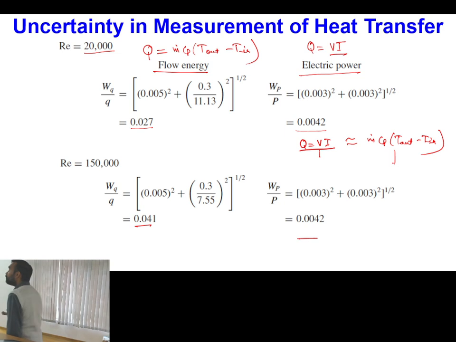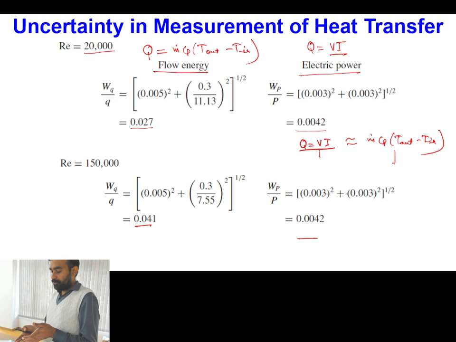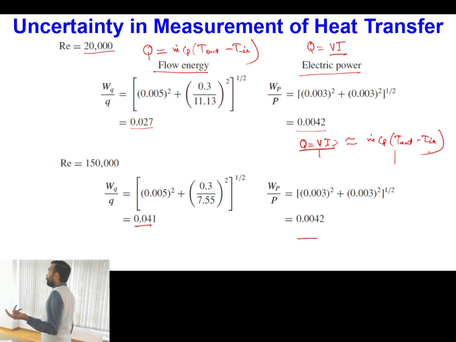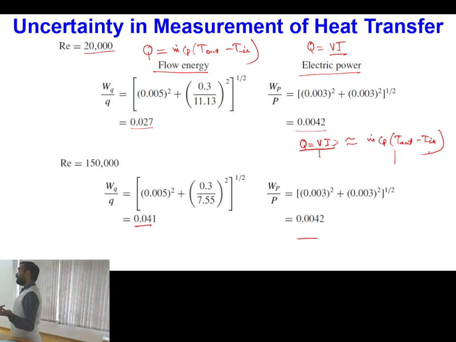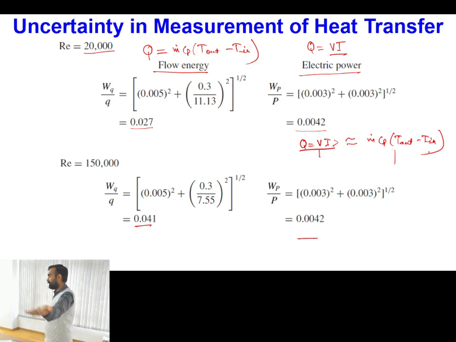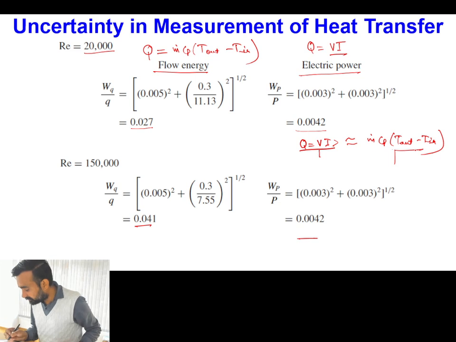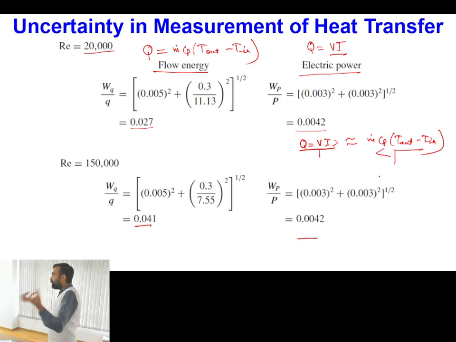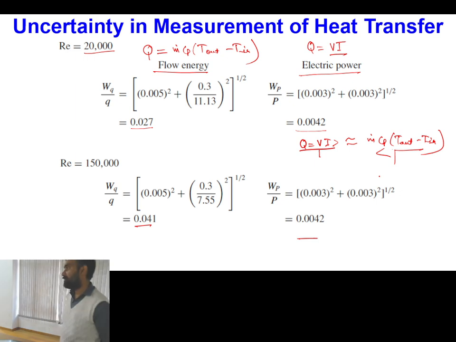It means your insulation is not sufficient, and a significant amount of electric power is lost. This will always be greater in comparison to the other value. So in that scenario, you can easily estimate that your insulation is not proper and some heat leakage is taking place, and you need to correct the insulation before performing the experiment. And if this side is coming greater, it means that some of the measurement devices are not performing properly. Are all clear with this point?